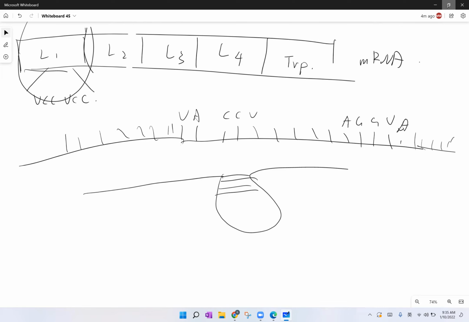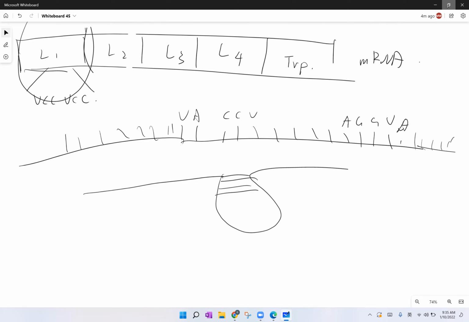And if you finished, think about the other situation. What if we have enough tryptophan in our body? What's going to happen? Something interesting is going to happen. The translation speed of L1 will be really quick or slow? Really quick.